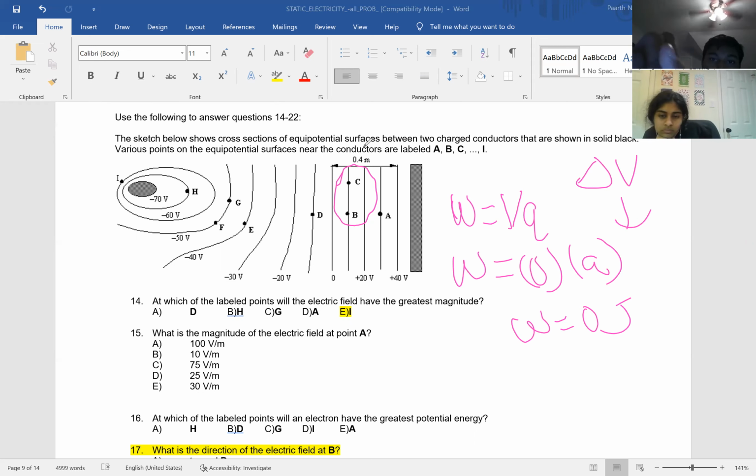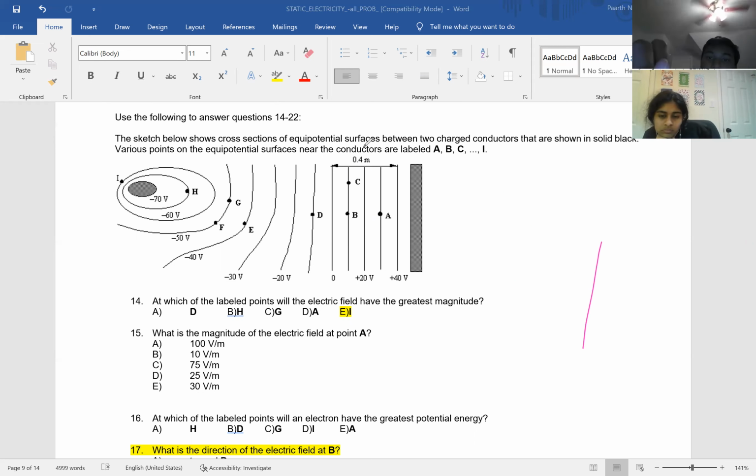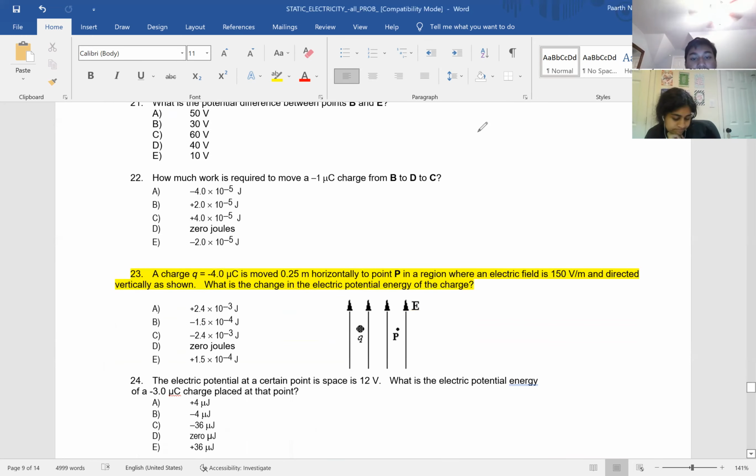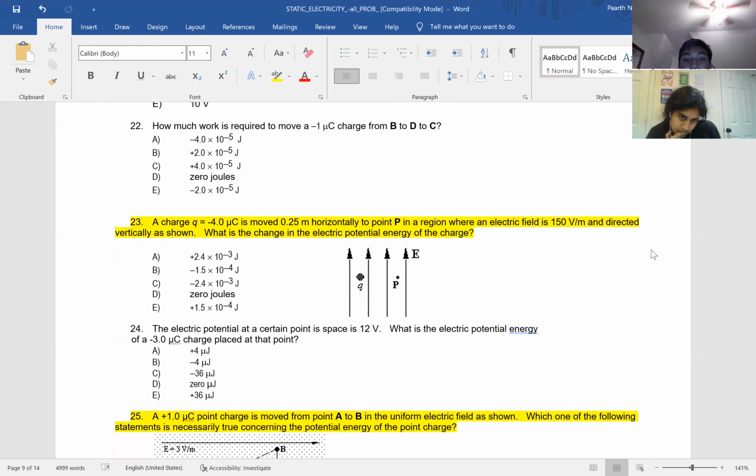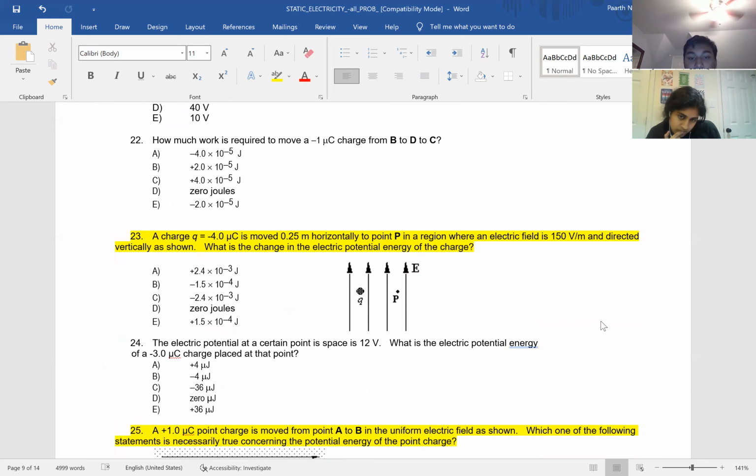Yeah, that's important. Okay, and then the last question I think we should go over is 23. It says charge Q is negative 4.0 microcoulombs and it's moved horizontally. That means perpendicular to the direction of the electric field.